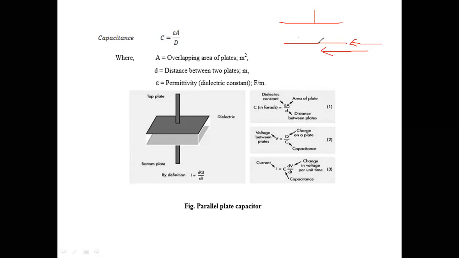I will show you with another tool. Okay, this is a plate of a capacitor. There is a first plate of a capacitor, and this plate is a movable plate.